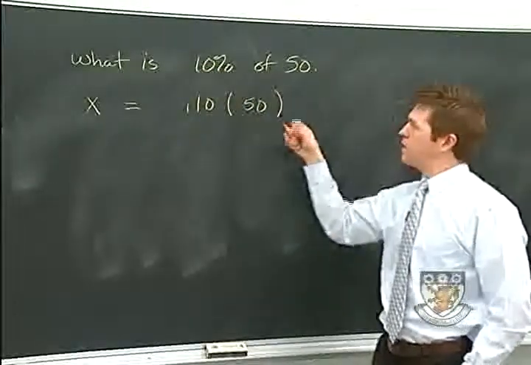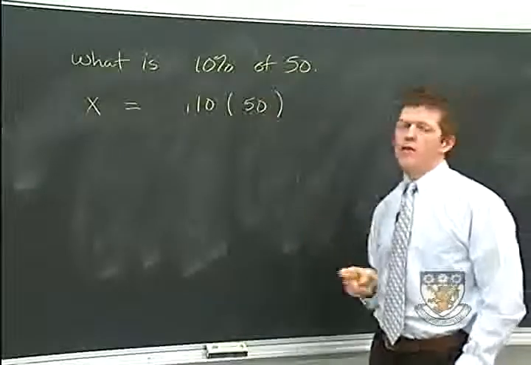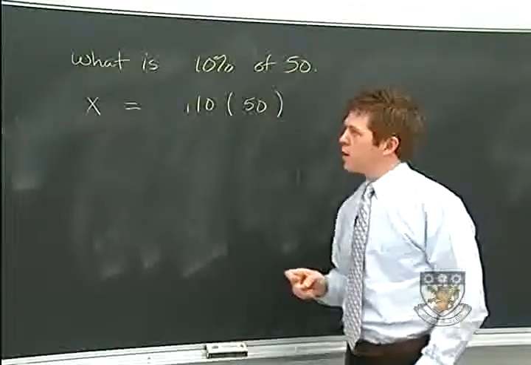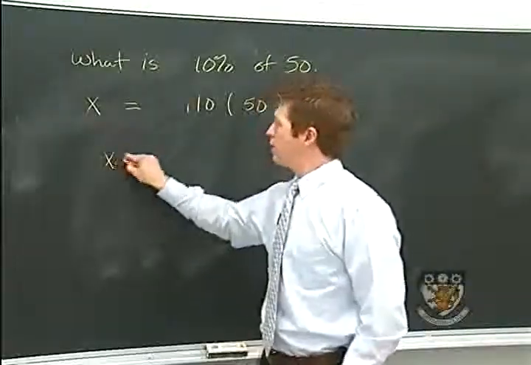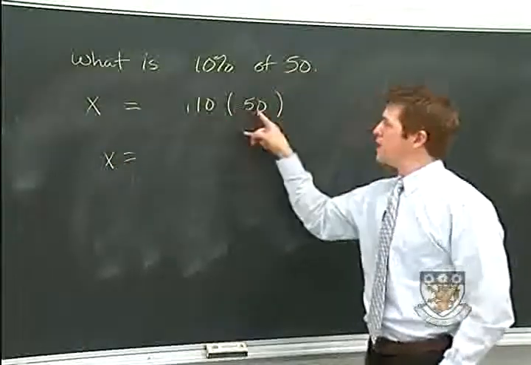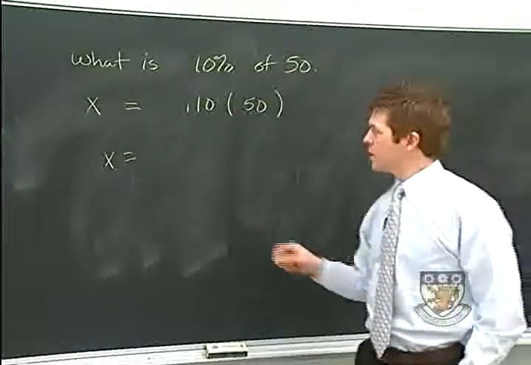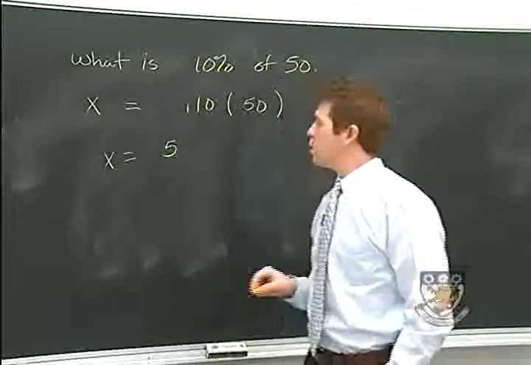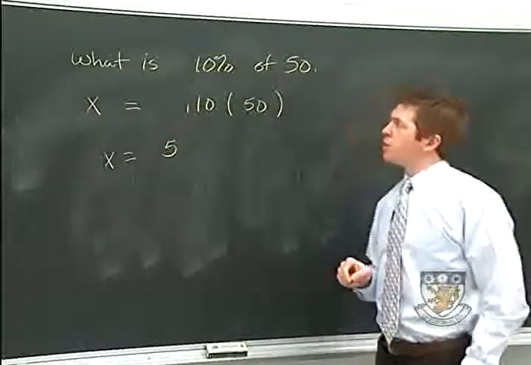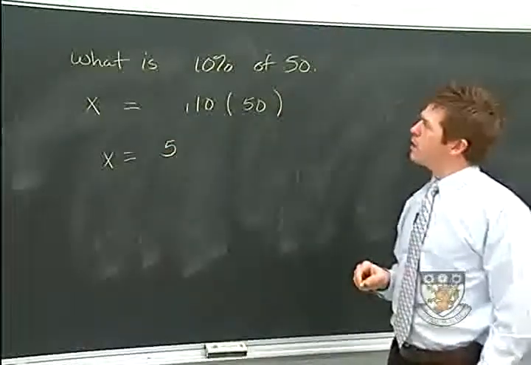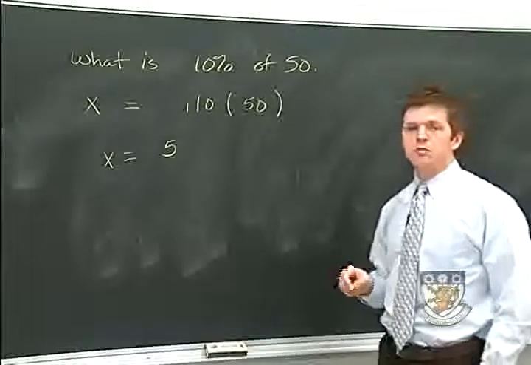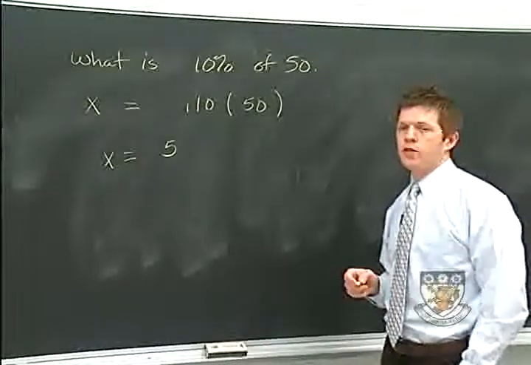Of means multiplication. There's our brackets. And then we have the 50. Plug that in right there. If we were to work this out, x equals 0.1 times 50. Well, 0.1 times 50 is 5. So what number, or what is 10% of 50? 5 is 10% of 50.